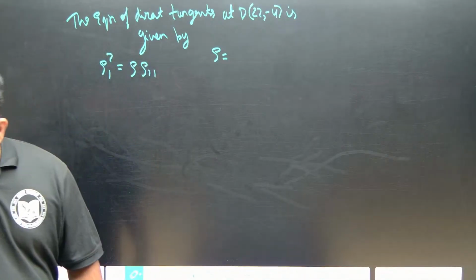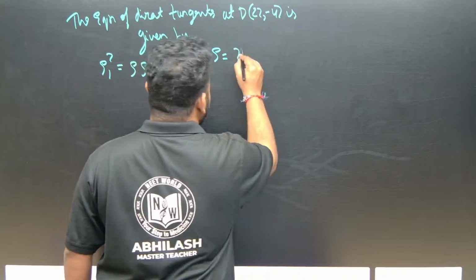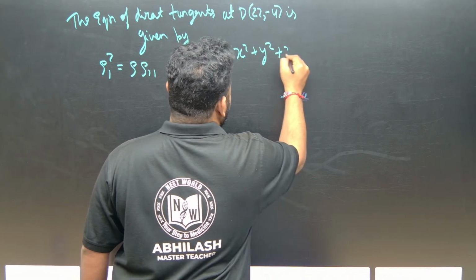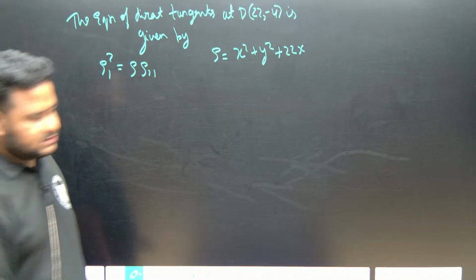Let S be the first equation of the circle: x square plus y square plus 22x minus 4y minus 100 is equal to 0.